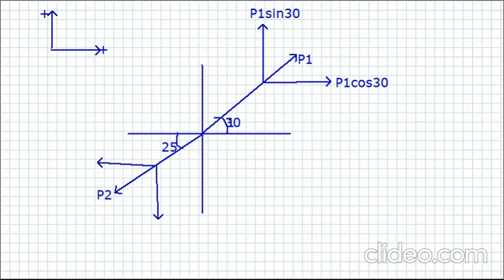The angle is made with respect to the x-axis, so the horizontal component is P2 cos of 25, and the other component is P2 sin of 25.